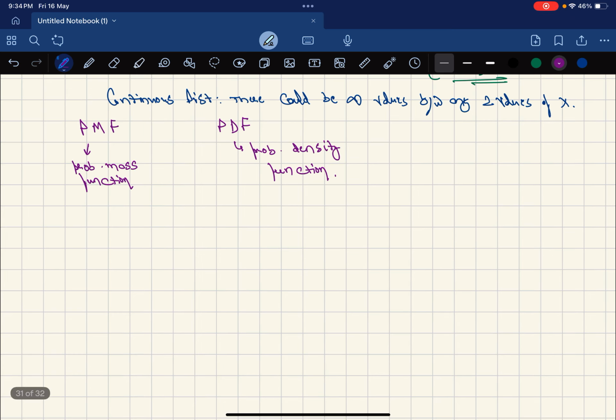Now again, for explaining this, we'll have to take some examples. So for PDF, for the case of continuous, we again look at exponential distribution. Let us say we take an exponential parameter lambda equal to 2. So the PDF is given as 2 e raised to power minus 2x. While for probability mass function, let us say we take a geometric distribution here with probability again 0.2.